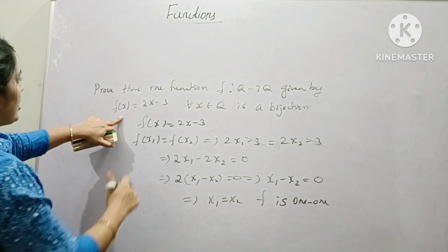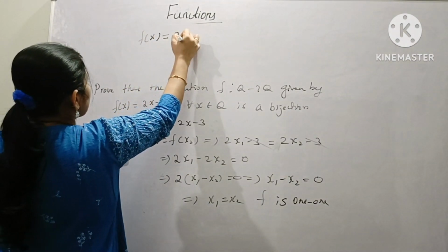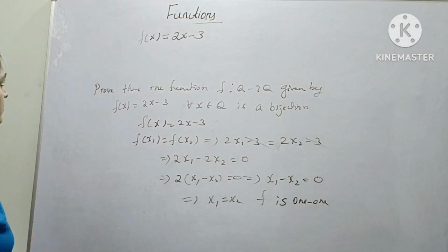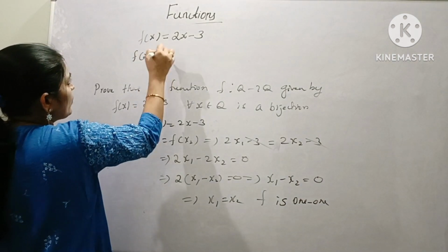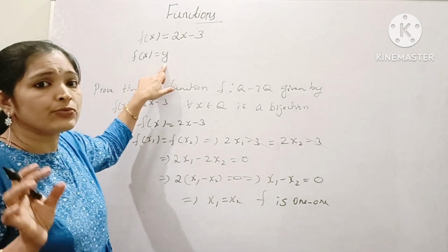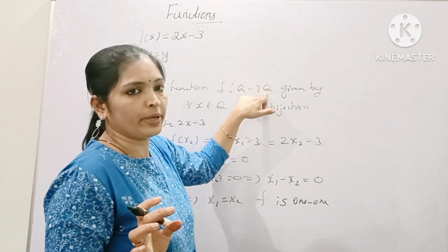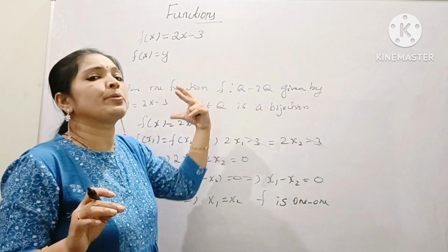See, what is our function? f of x is equal to 2x minus 3, right? See here, let us take f of x is equal to y. That is one element, y is in the codomain, y is an element of the codomain. Now we have to prove this element has a pre-image.